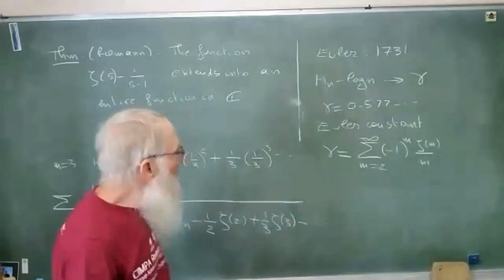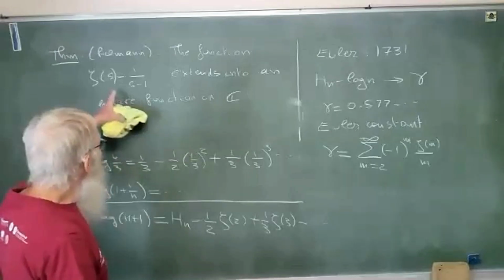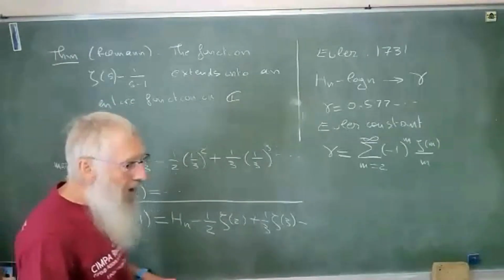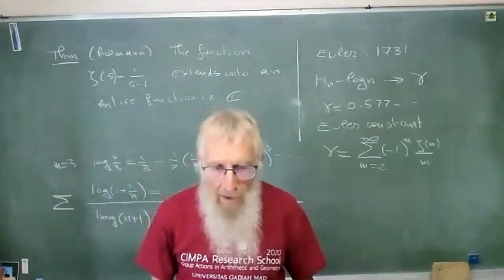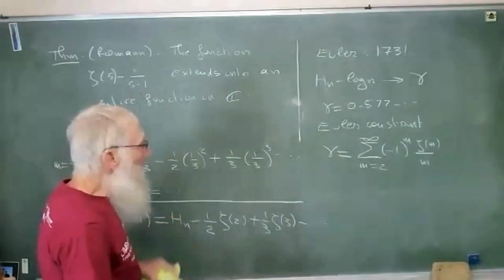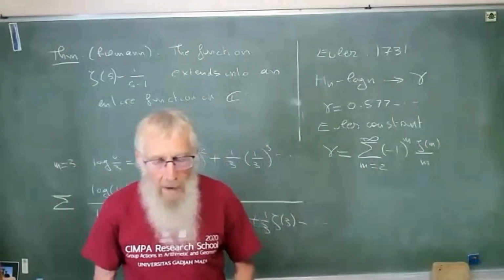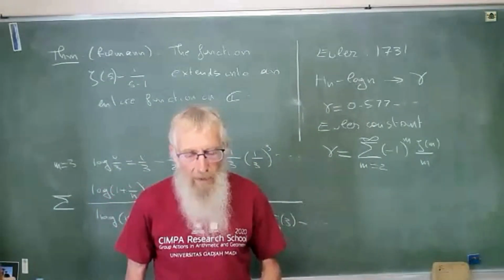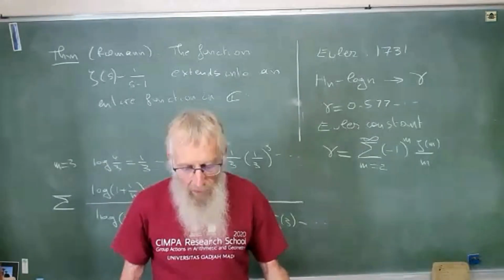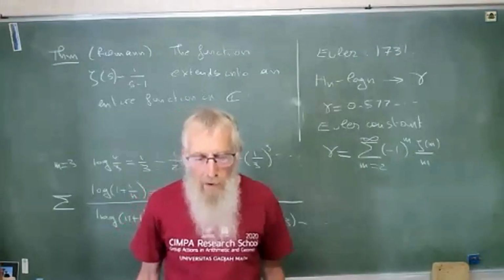There is a unique such entire function in C, such that if you take the real part of s greater than 1, then the value of this entire function is zeta of s minus 1 over s minus 1. The uniqueness is clear from the principle of analytic continuation. If you have two functions, the difference of which has zeros which are not isolated, then the function is 0.